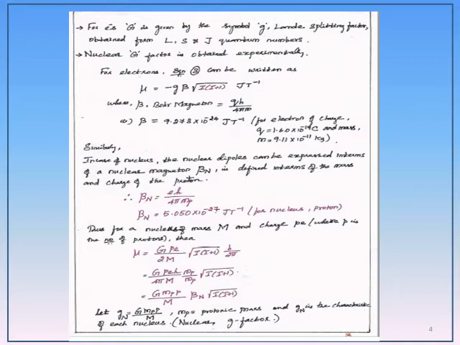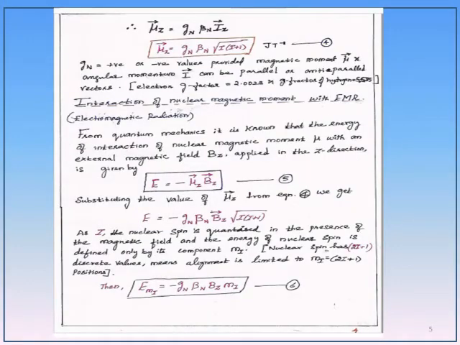Then we consider Gn equal to G mp P divided by M, where mp is the protonic mass, and Gn will be the characteristic of each nucleus, and it is said to be the nuclear G factor. So finally we will be getting the magnetic moment vector for the nucleus equivalent to Gn beta n and I, the angular momentum vector, which will be having the spin along the z direction.